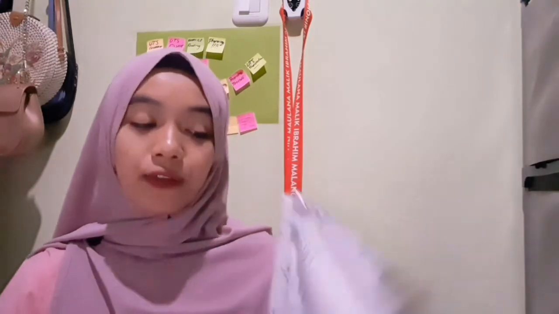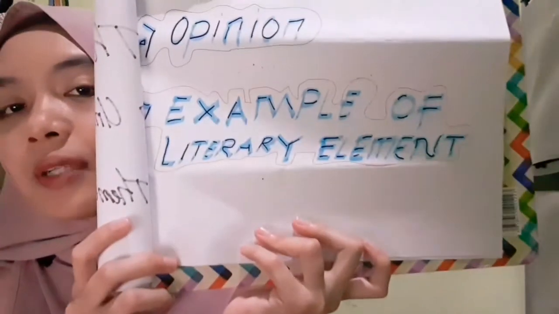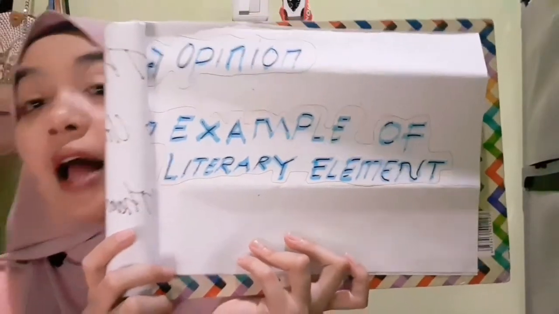And after that we have an example of literary elements. This story uses a figurative language, personification. Why do I say that? Because it is proven when the author described the bells as a thing that can talk to you, that can say everything to you.